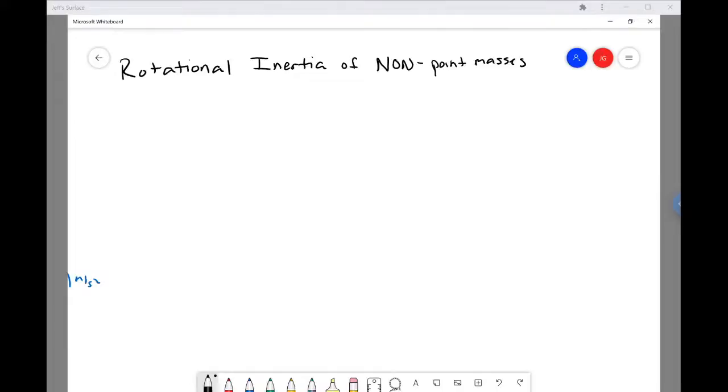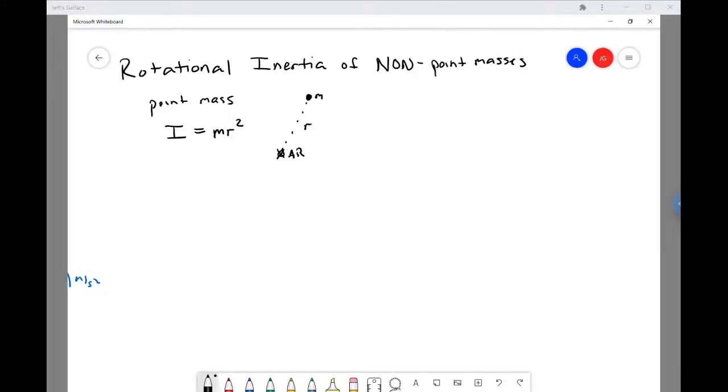Okay, so last time we discovered that this expression fell out of our analysis, just fell right onto our laps, that the rotational inertia for a point mass should be mr squared. So you have a little mass that's located some distance r from a point that's the axis of rotation, so it's rotating around that point.